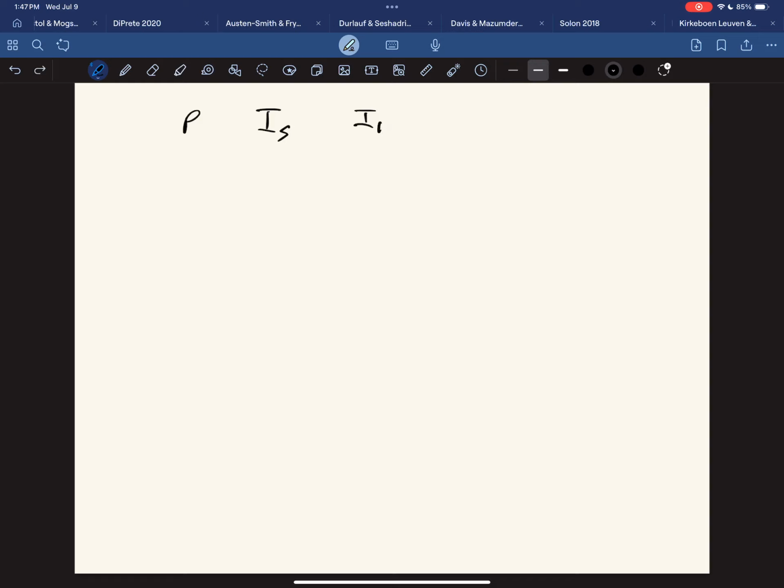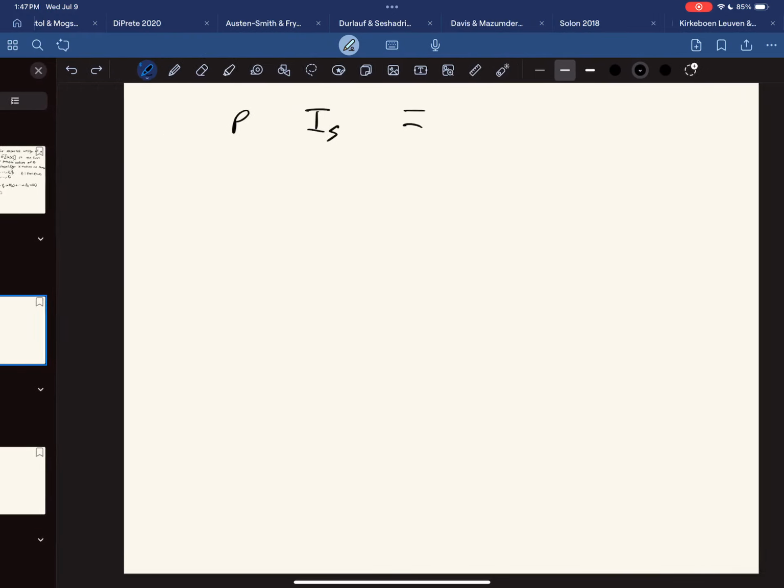So what's your expected utility given a probability of being sick? Well, it's P times U of IS plus 1 minus P times U of IH.